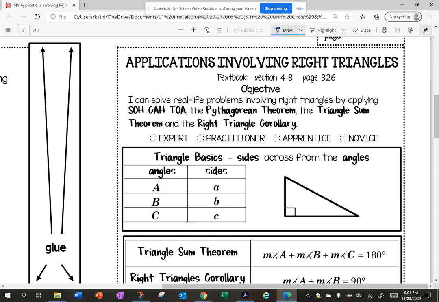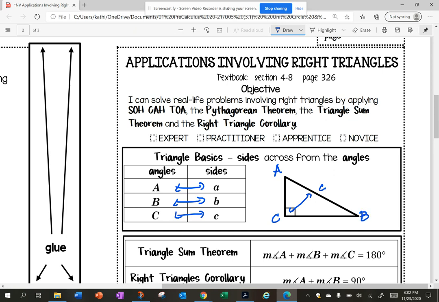Okay, so basic triangle information. Sides are across from angles. We always call the right angle side C with the Pythagorean theorem. So the side across from it is the hypotenuse, and we call that side C. A and B don't matter.